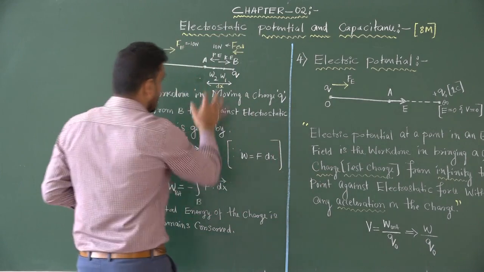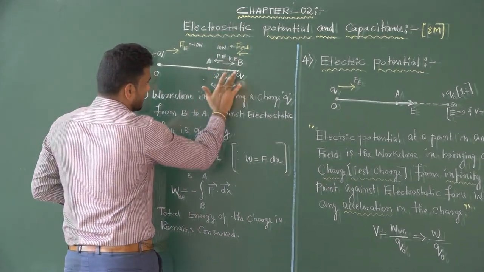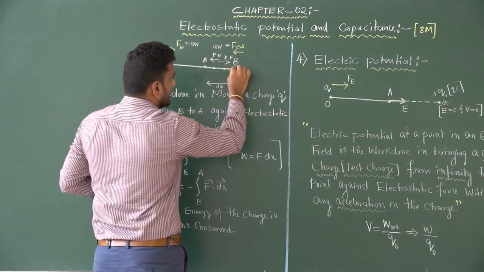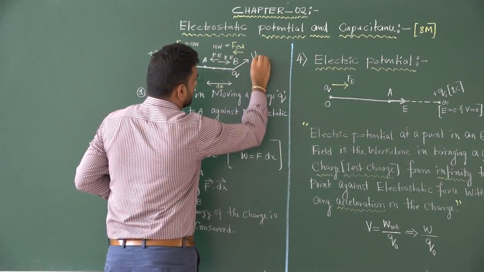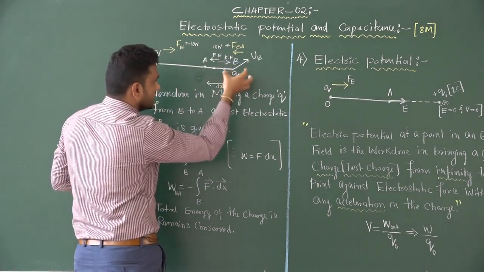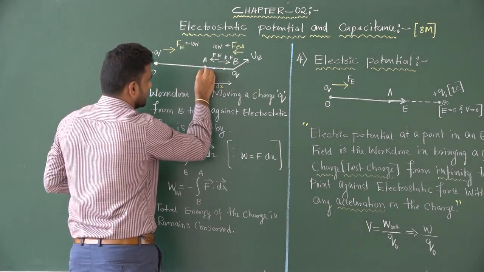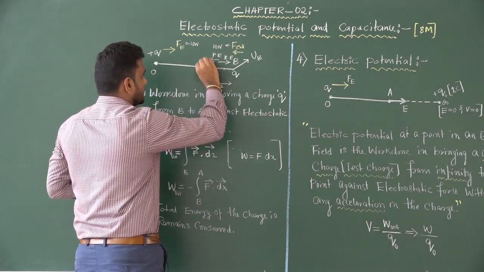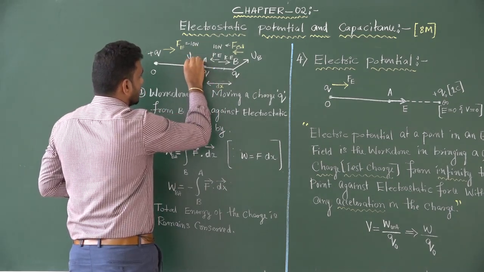Suppose, for example, again I consider these two points, A and B. When the charge is at B, the potential energy is UB. We do the work and bring this charge to the point A. Then the potential energy at point A is UA.